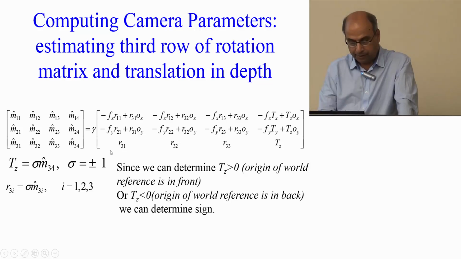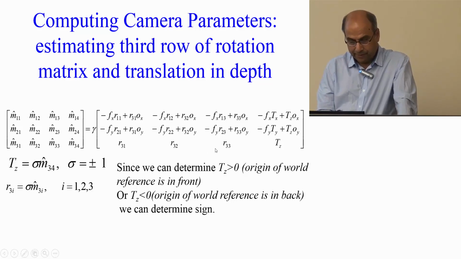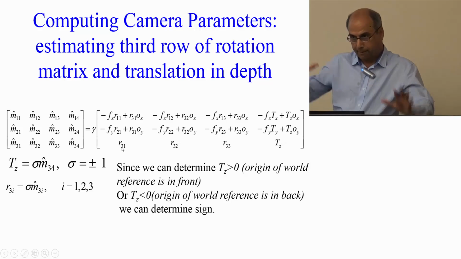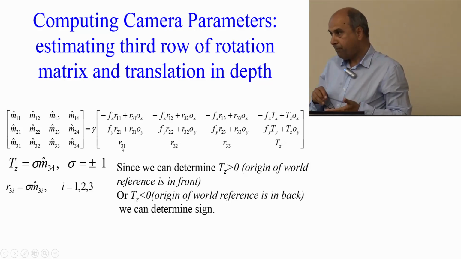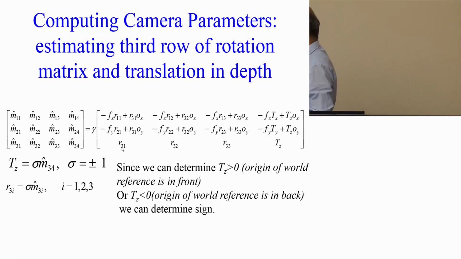We can find R31. Comparing this with that, we can find R32, and we can find R33 comparing this with that. So now we know this one, this one, and this one, just by comparing these two matrices.